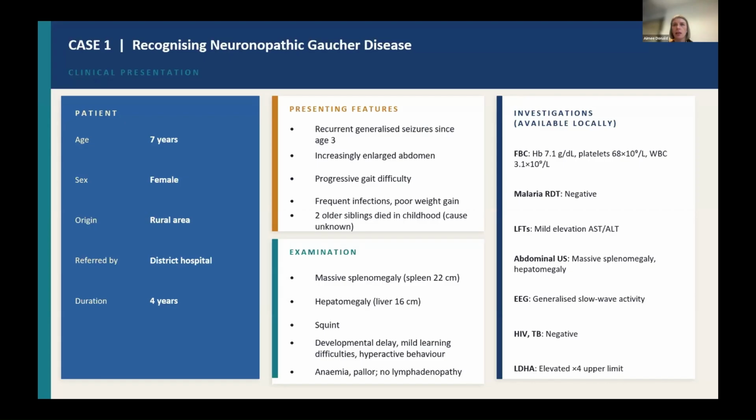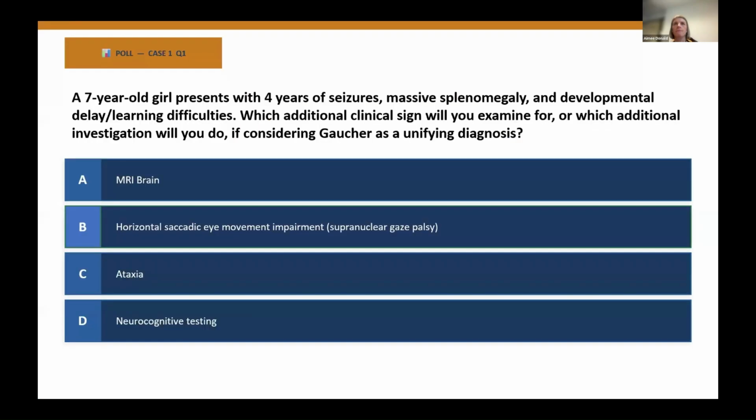So that's your case, and here is your question. So you've got this child, 7-year-old, 4 years history of seizures, big spleen, developmental delay, some learning difficulties. What additional clinical sign would you examine for, or which additional investigation would you do if you were thinking about Gaucher disease as a diagnosis?